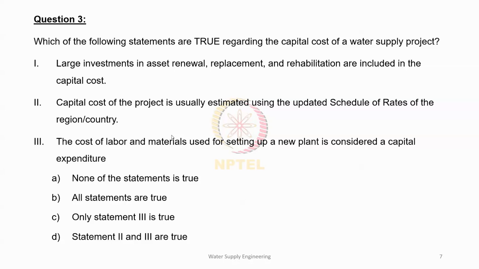Option A: none of the statements is true. Option B: all statements are true. Option C: only statement 3 is true. Option D: statements 2 and 3 are true. So, which of these statements are true?